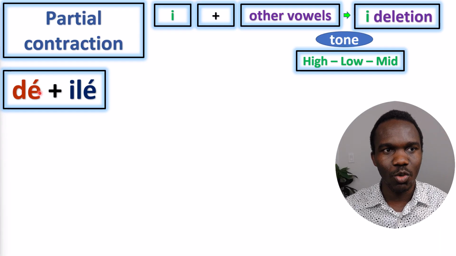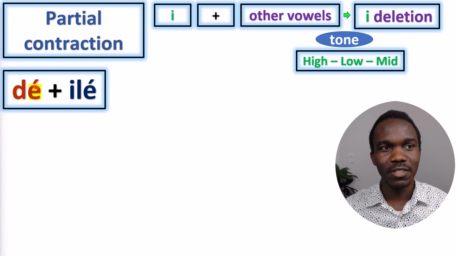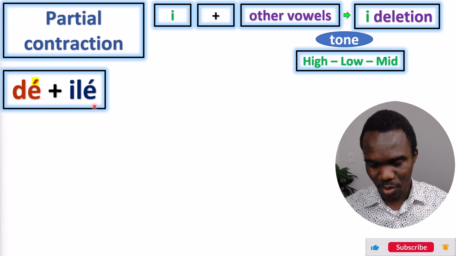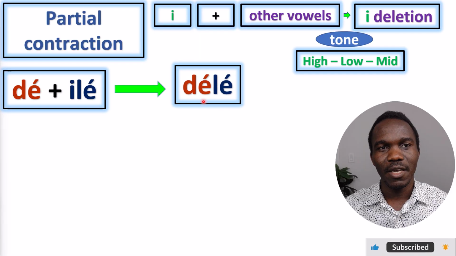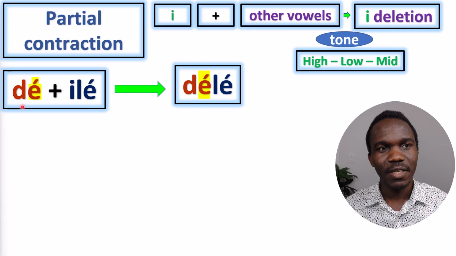So in this situation, E gets deleted, A wins, and the same tone wins again. It becomes dele, mi. You can see the contraction now. This has gone, and in the tone battle mi wins. So that's dele.